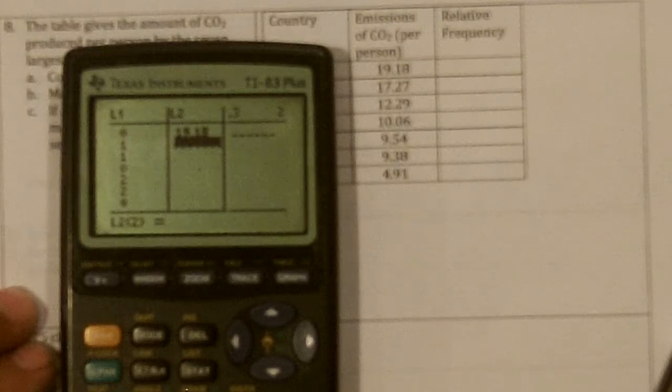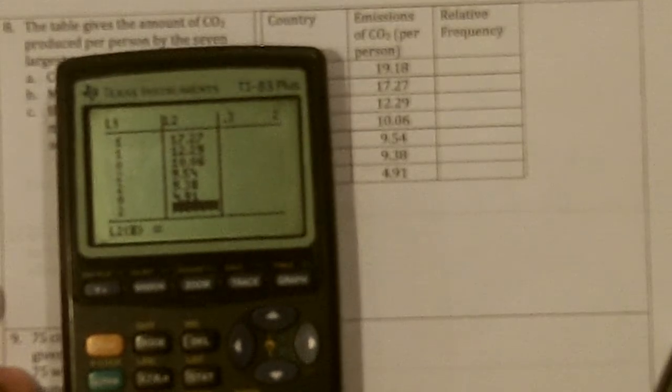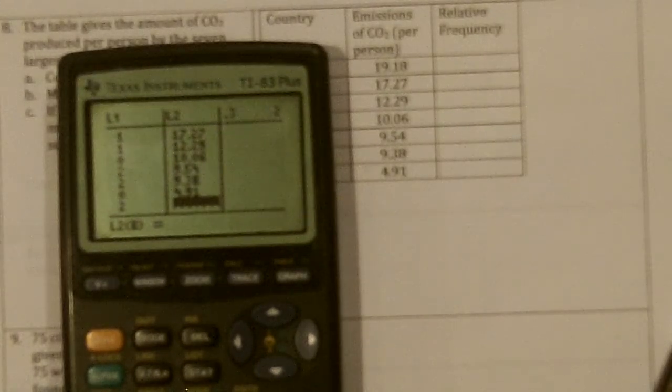The next one down is 17.27, 12.29, 10.06, 9.54, 9.38, 4.91, and now I've got them all in there, and I could add them up.